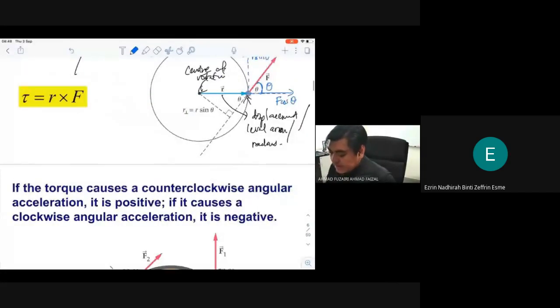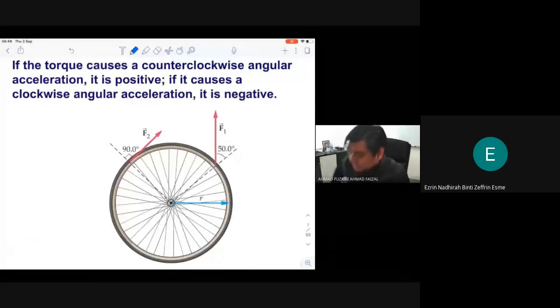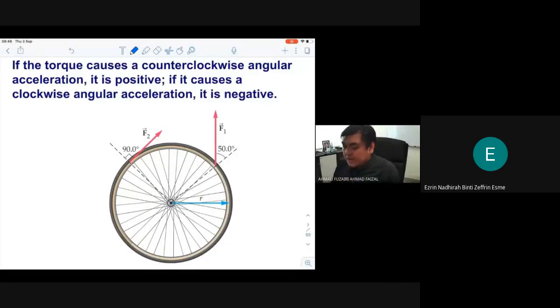Okay, let's look at some very quick examples. If the torque causes a counterclockwise angular acceleration, it is positive. If it causes a clockwise angular acceleration, it is negative.